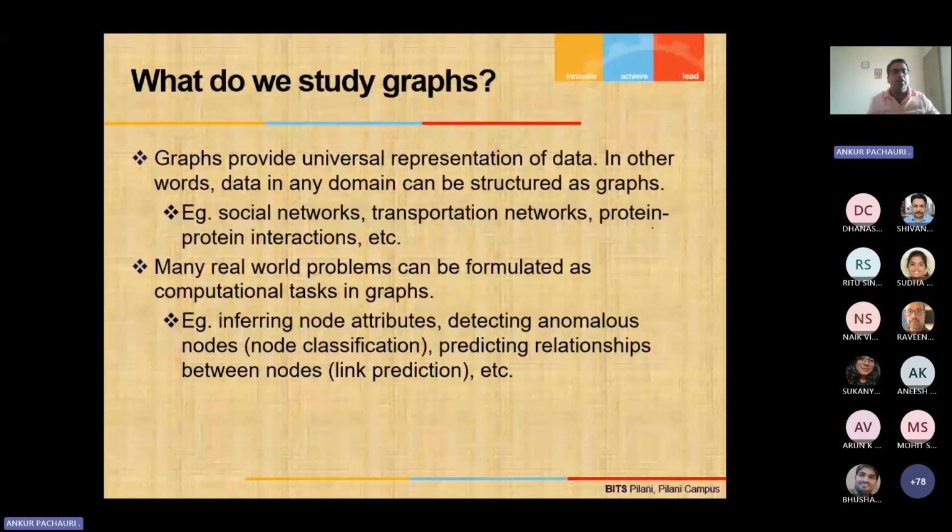Now, how can a social network be converted into the form of a graph? There are multiple ways by which a social network graph can be constructed. First, on the user basis. For example, you can take Facebook.